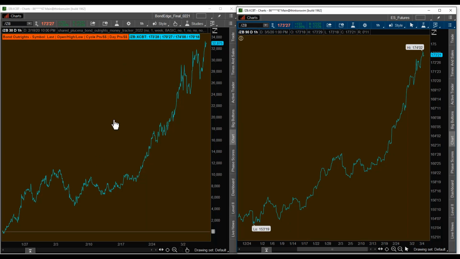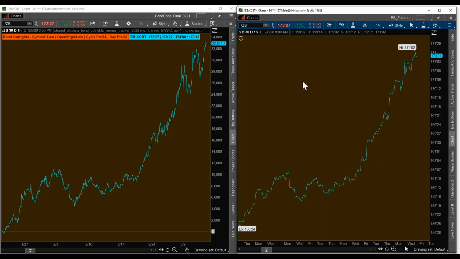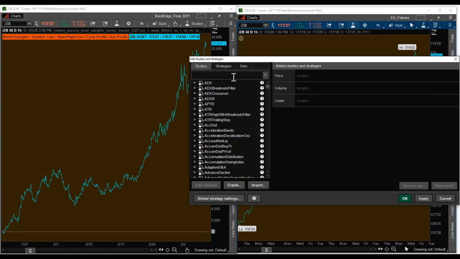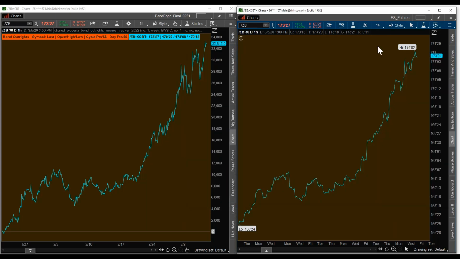Bond Edge is not an indicator. Thinkorswim stops here. Yeah, I can put all these different indicators on it. The bond tool does not look at the value of the ZB contract. The bond tool looks at P&L.